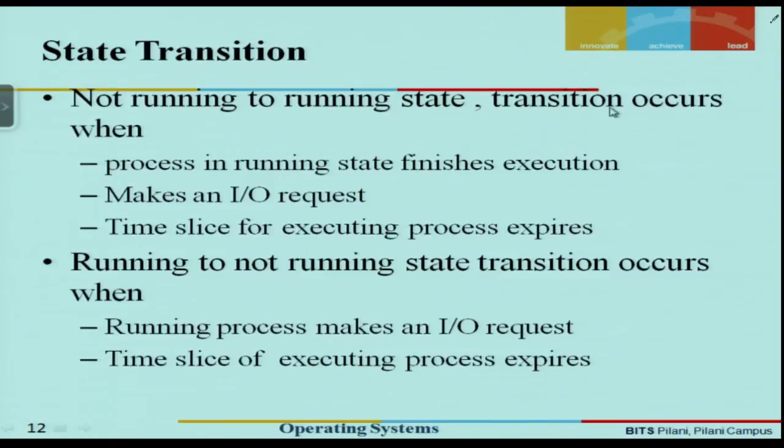It would occur under these conditions: the process in a running state finishes its execution, or the process makes an IO request, or the time slice for the executing process expires.